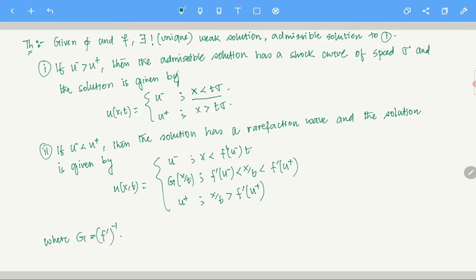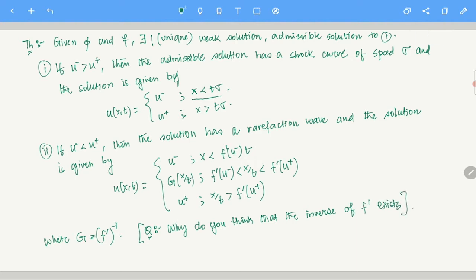Now one question, I will not be answering it right now. This is a question for you guys, think about it. Why do you think that the inverse of f prime exists?